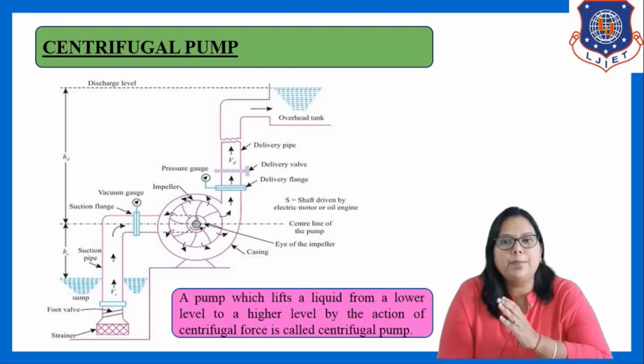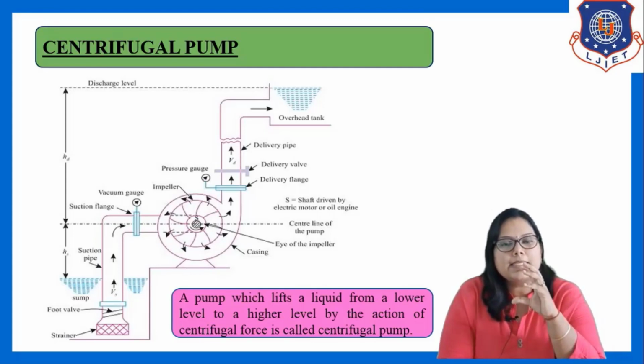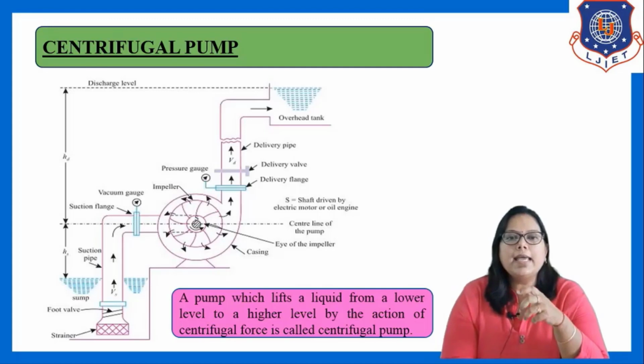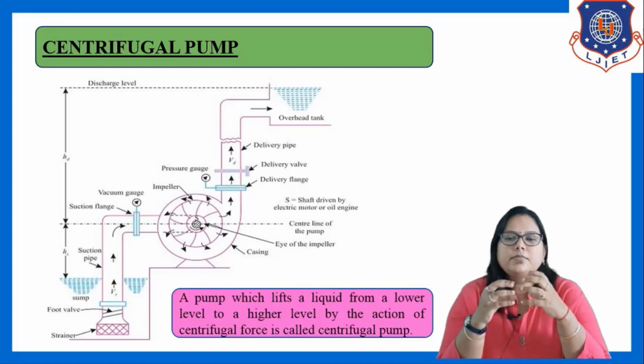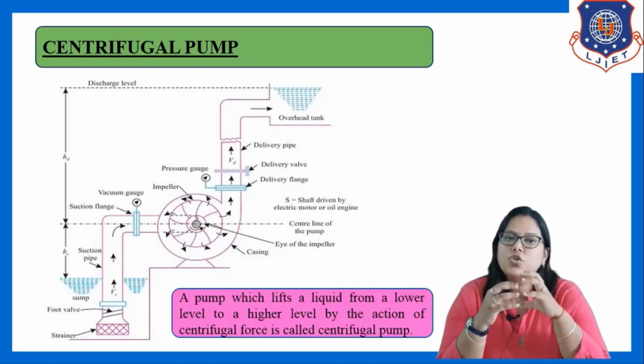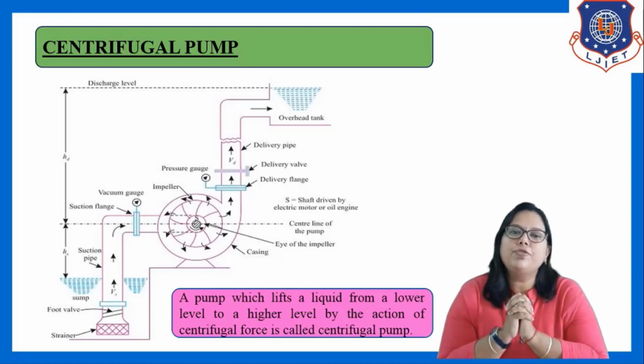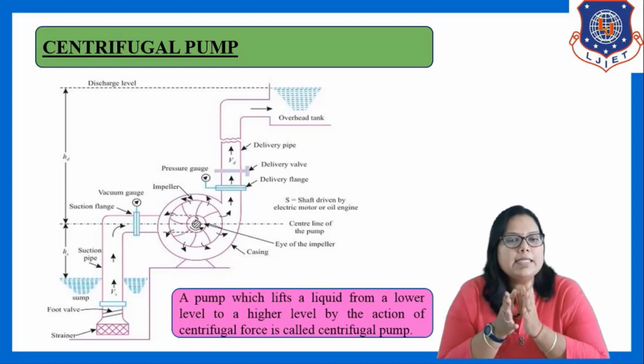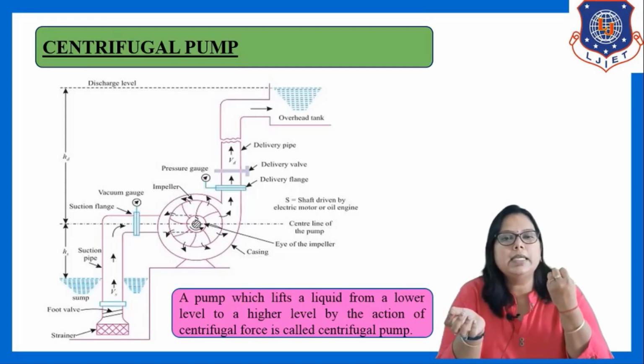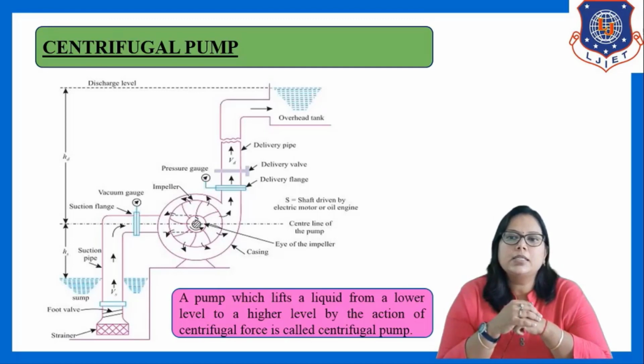As we supply power, the shaft rotates. As the shaft rotates, the impeller on the shaft also rotates at a high speed, and as it rotates at a high speed, centrifugal force is produced. As centrifugal force is produced, there is a development of pressure, and due to that pressure, the impeller sucks the liquid from the suction pipe.